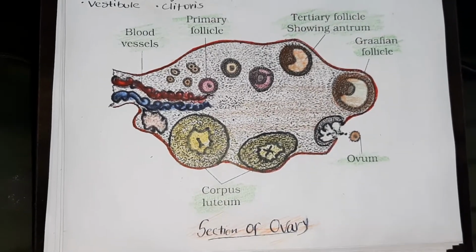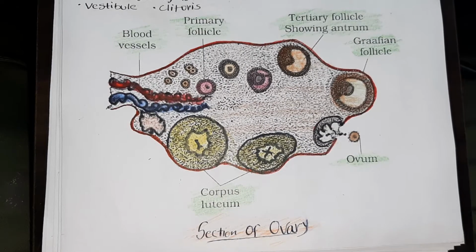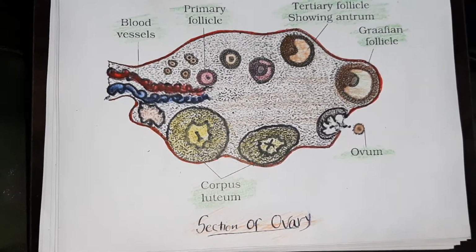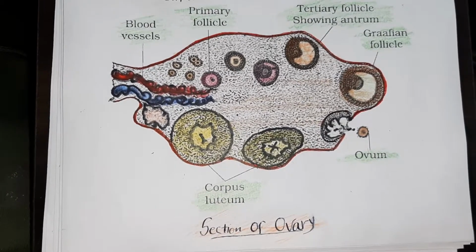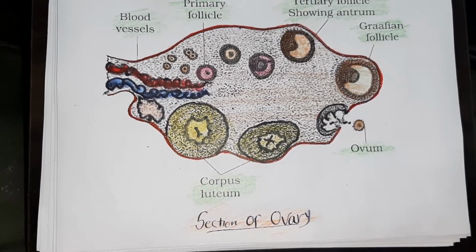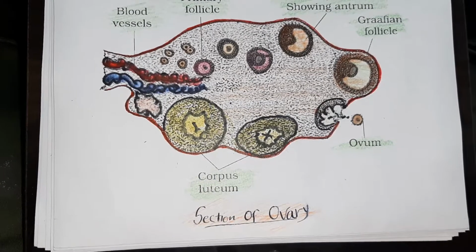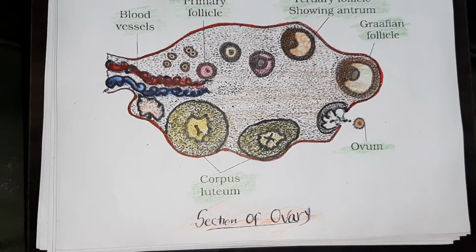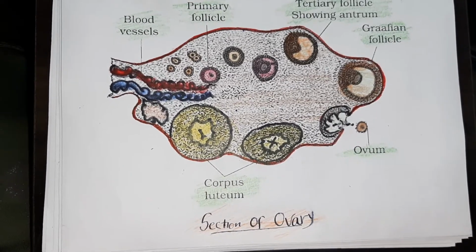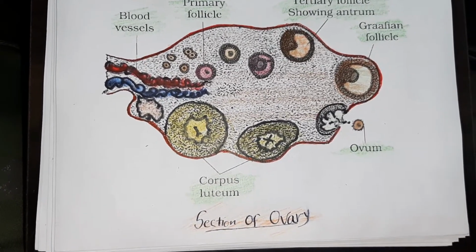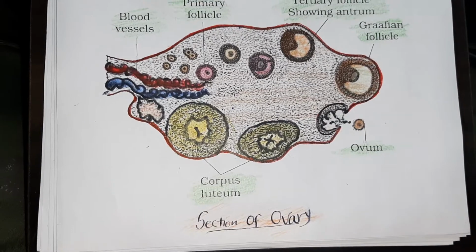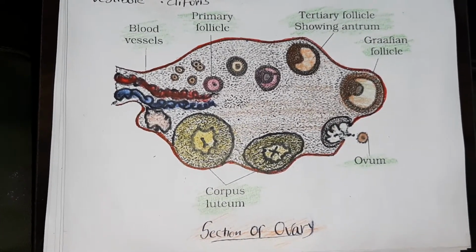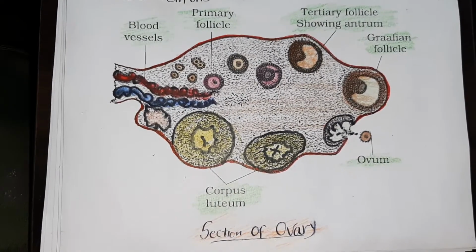From birth to puberty, thousands of primary follicles degenerate. Only 60,000 to 80,000 primary follicles remain, and these show growth at the age of puberty under the influence of pituitary hormones, that is follicle stimulating hormone and luteinizing hormone.